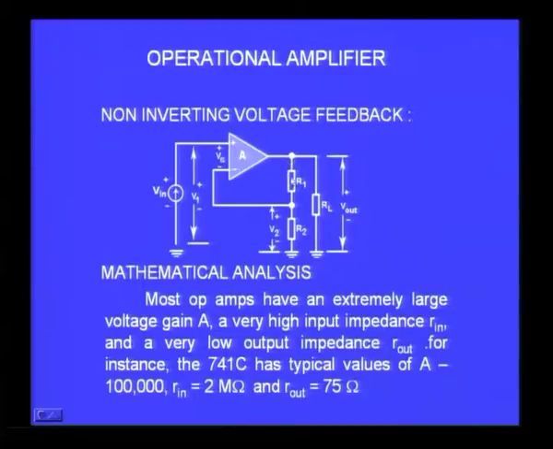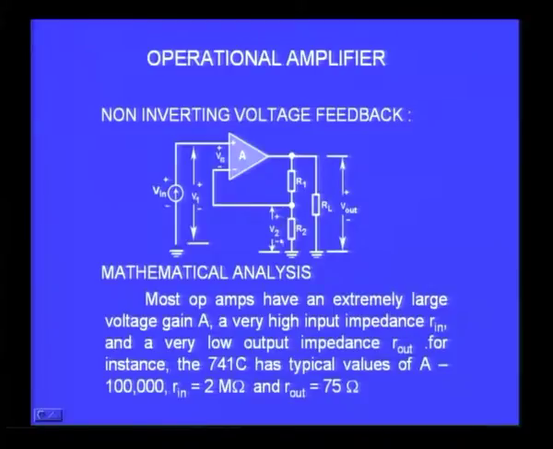I just put a potential divider R1, R2 at the output and take the midpoint and connect it to the input. So, what I have effectively done is divide the output voltage into two parts, one across R1 and one across R2, and the voltage developed across R2 is applied in series with the input voltage, in phase opposition, and therefore what you get here will be a reduced voltage. That is the effect of feedback we have already discussed.